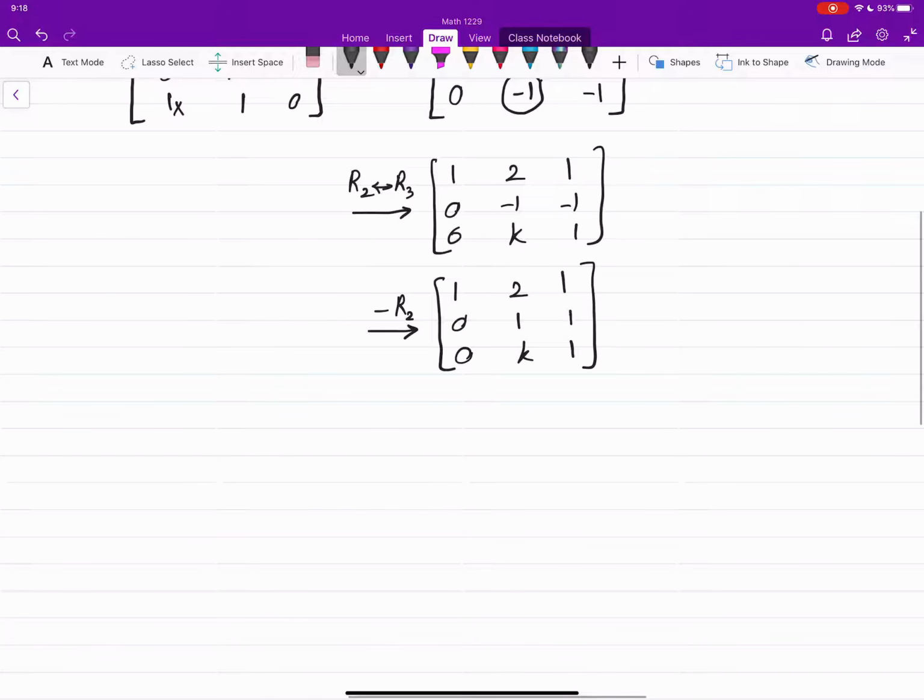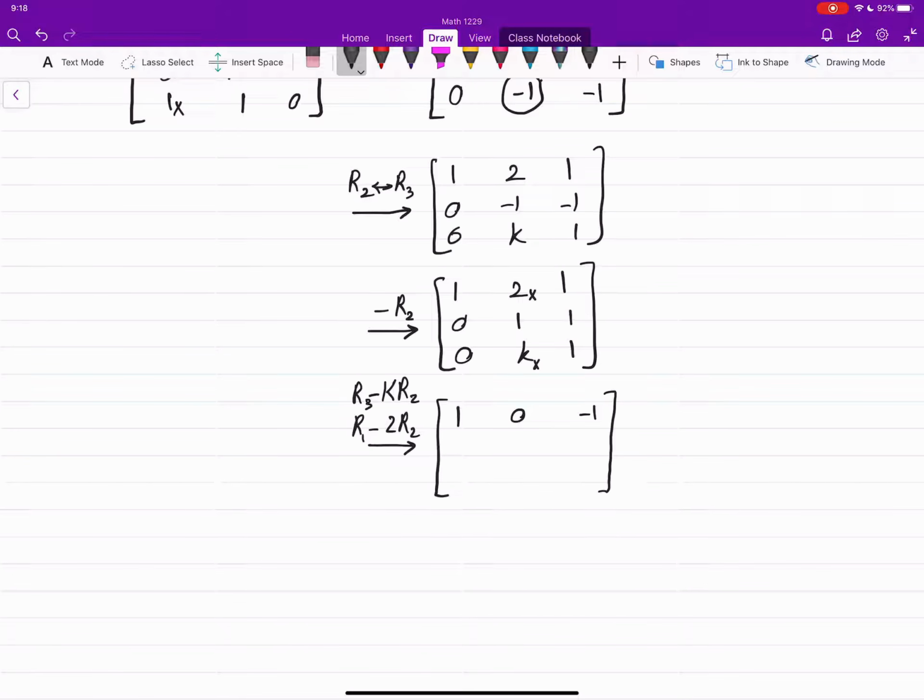So to make this guy 0, this guy 0, I will multiply row 2 by negative 2 and add it to row 1. So this will become 1, 0, and negative 1. For this guy here, to make this guy 0, I can multiply row 2 by negative k, and then add it to row 3.